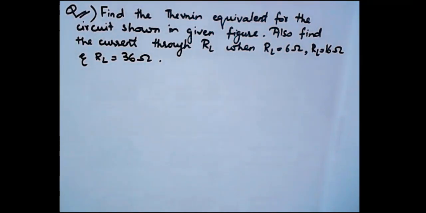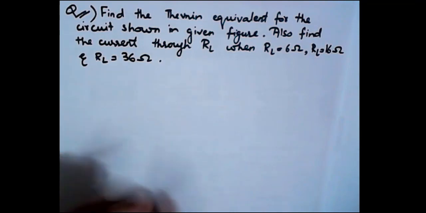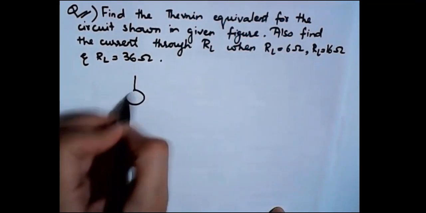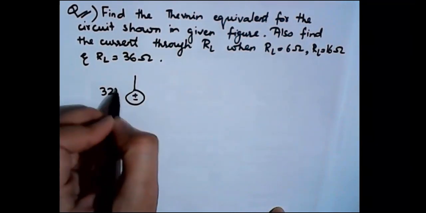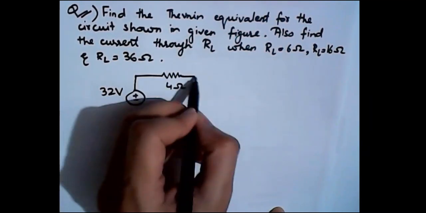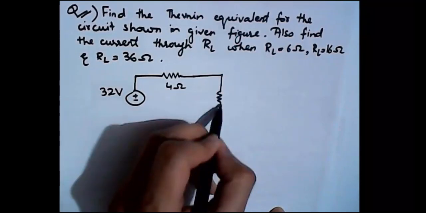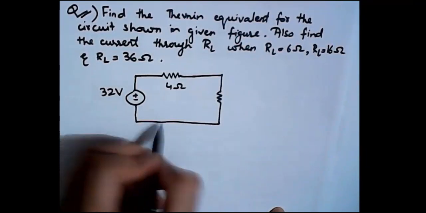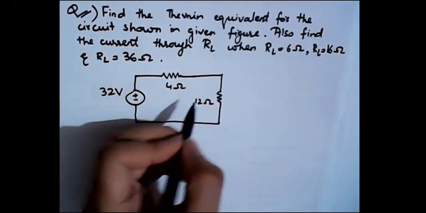And first of all, since we know that we are going to find out the Thevenin equivalent of the circuit, so let me draw the circuit first. We have a 32 volt source, and then we have a 4 ohms resistance, and we also have a 12 ohm resistance here, right?